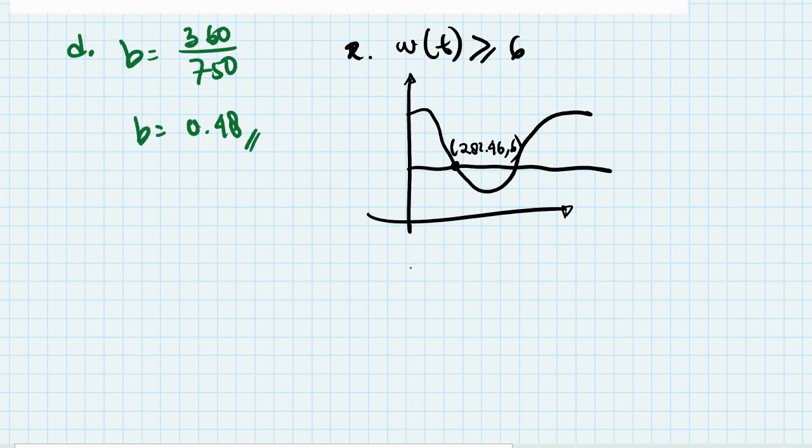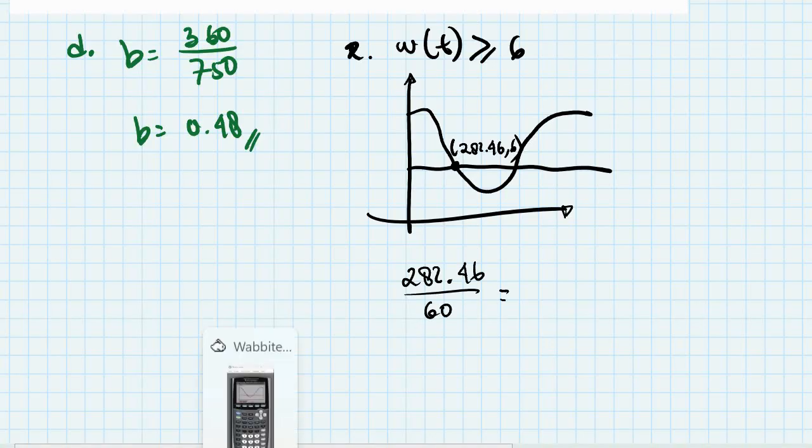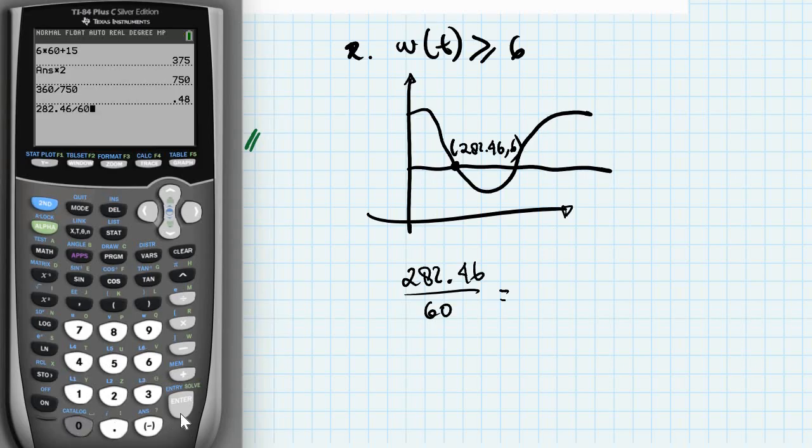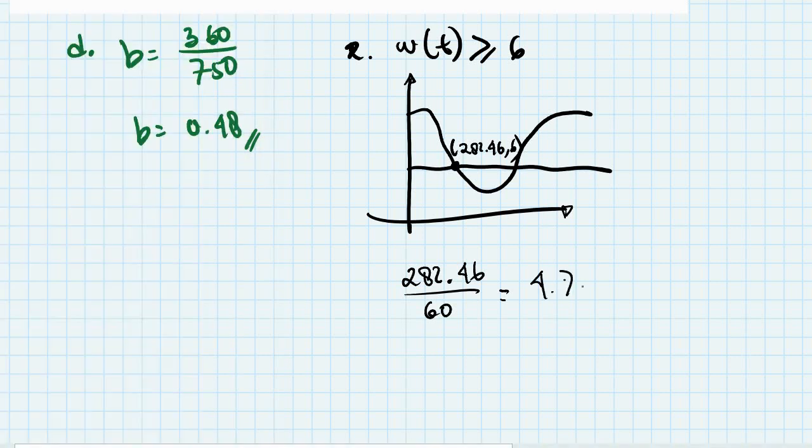So we have to divide it by 60. 282.46 divided by 60 equals 4.707 hours.